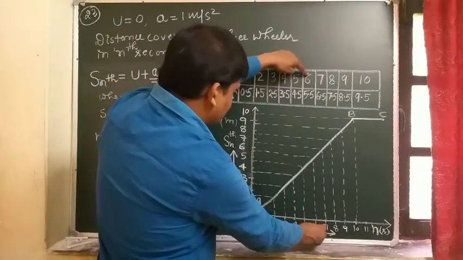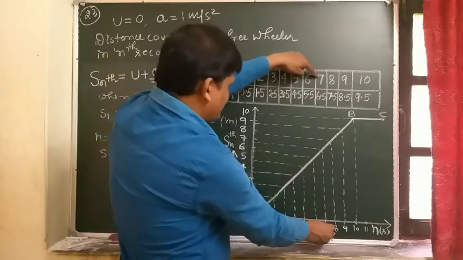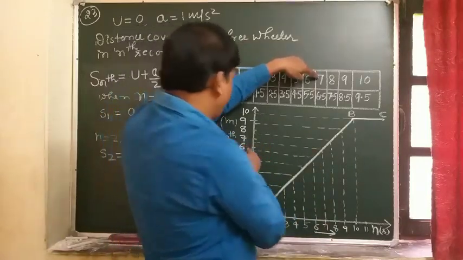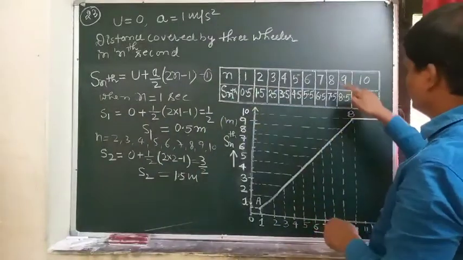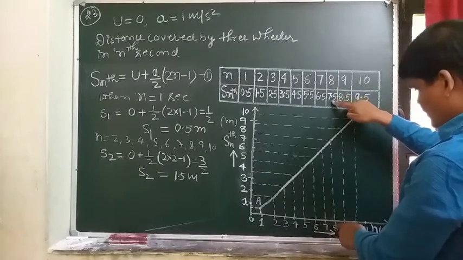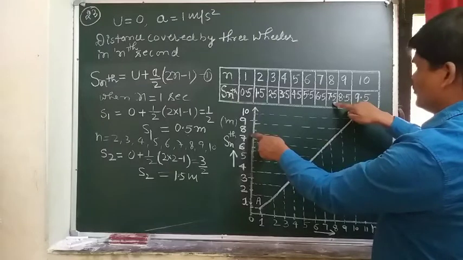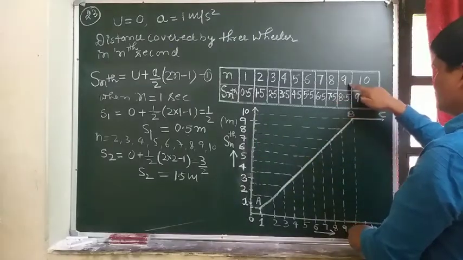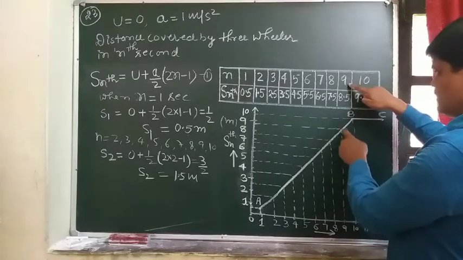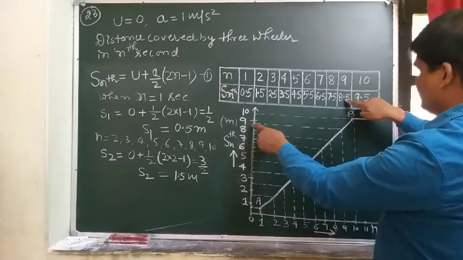When n is 6, its value is 5.5. When n is 7, its value comes out to be 6.5. Similarly, when n is 8, its value is 7.5. When n is 9 seconds, the distance comes out to be 8.5.